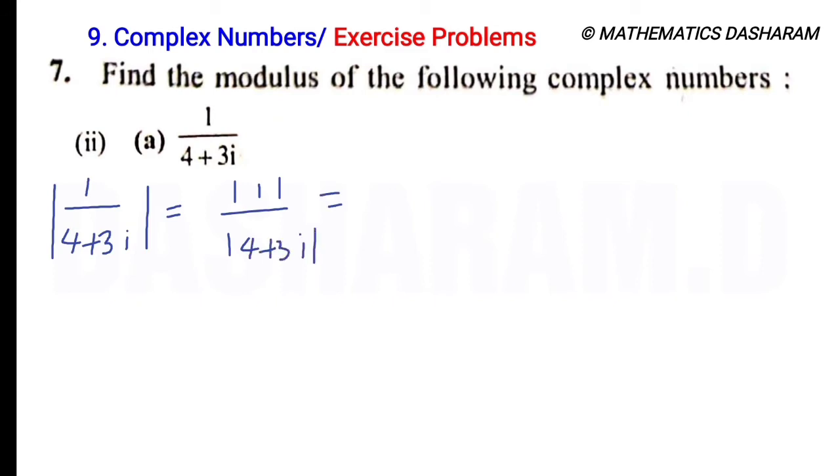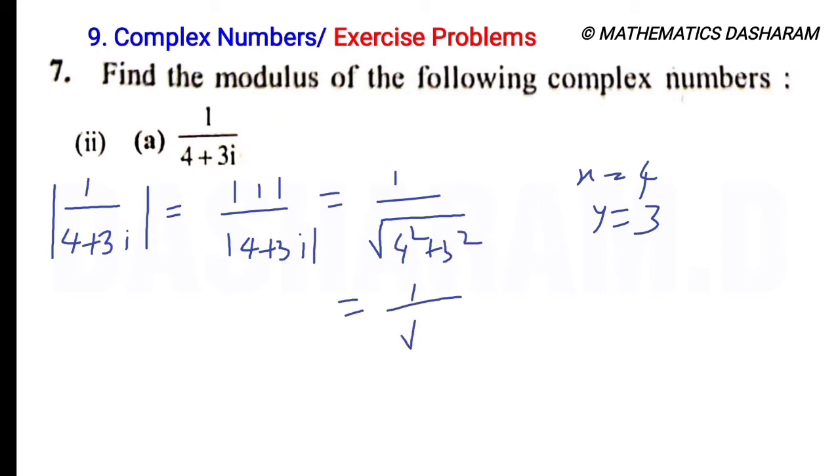So the mod of 1 is 1 itself, and mod 4 plus 3i is under root x square plus y square. The x value is 4 and the y value is 3. So 4 square 16, 3 square 9. So 1 divided by under root 25, then 1 by 5 is the answer.